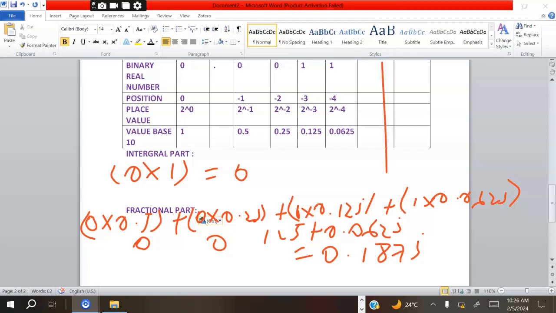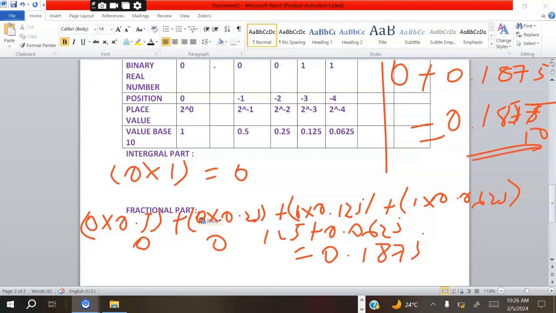Okay, now the value for the integral is 0 plus 0.1875, which is giving a total of 0.1875 base 10.